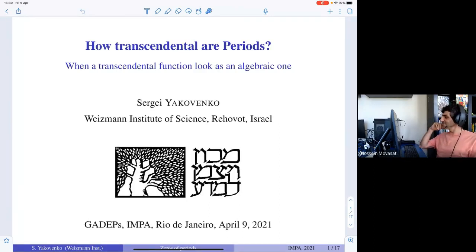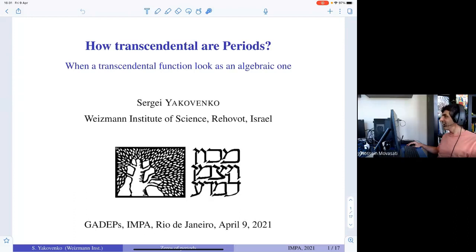So I guess that the word period is responsible for one of the letters in the abbreviation GADAP, right? In this abbreviation, P stands for periods.